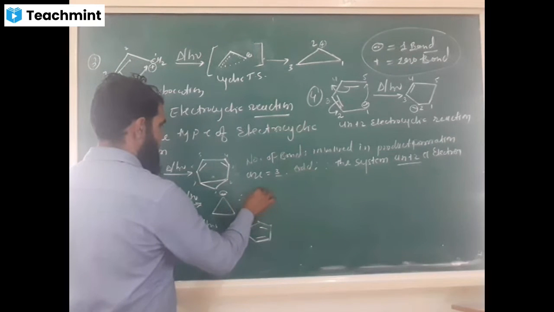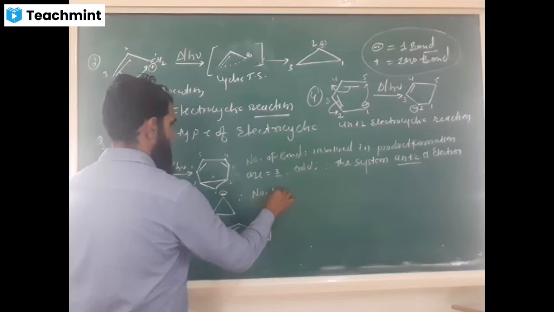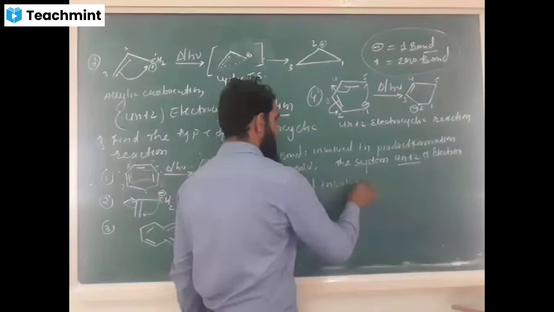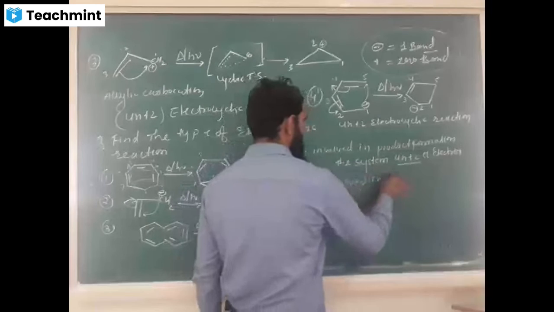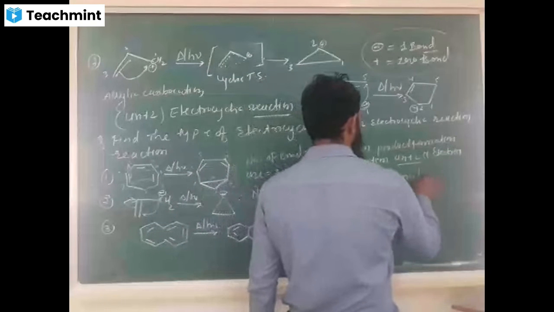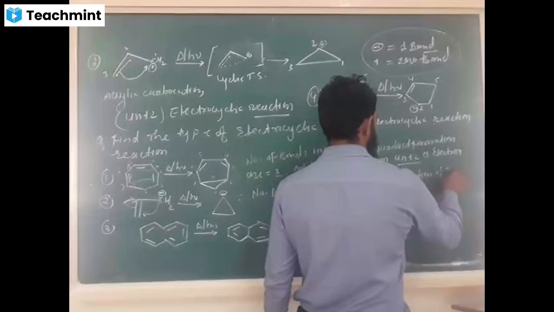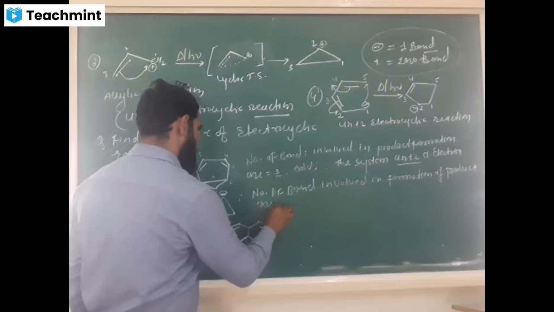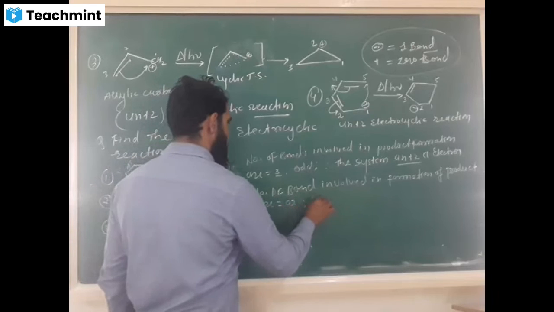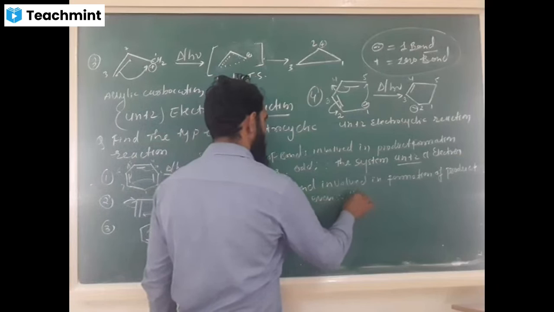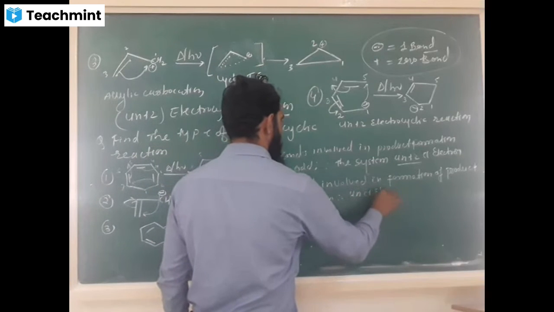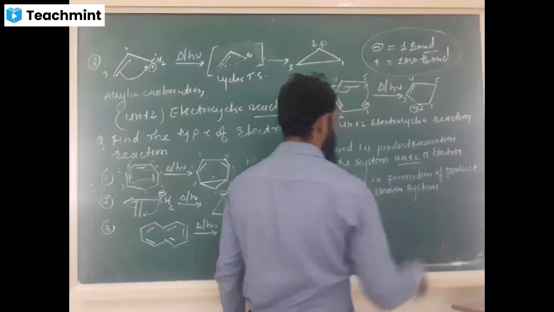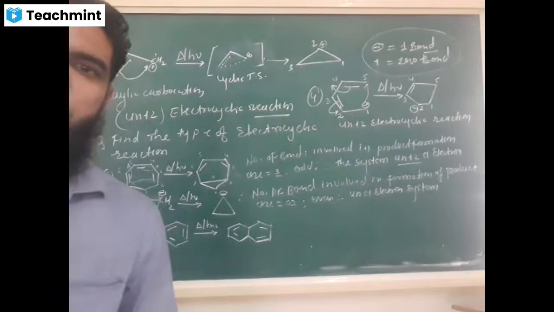Here we can say that the total number of bonds utilized or involved in formation of product are 2. And 2 is an even number, and we can say it is a 4N pi electron system.